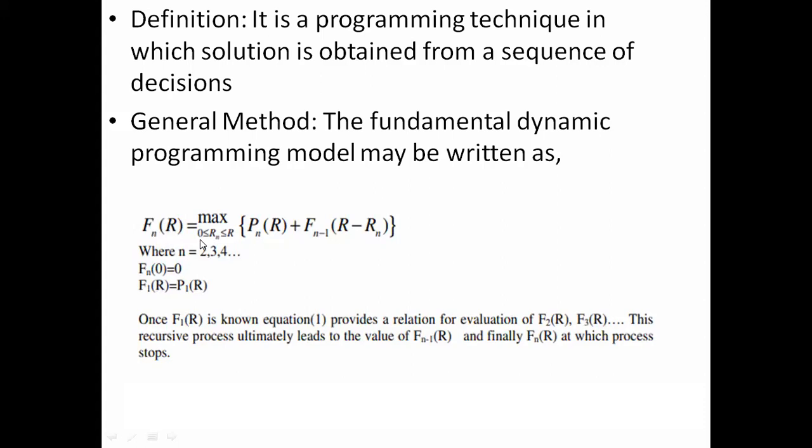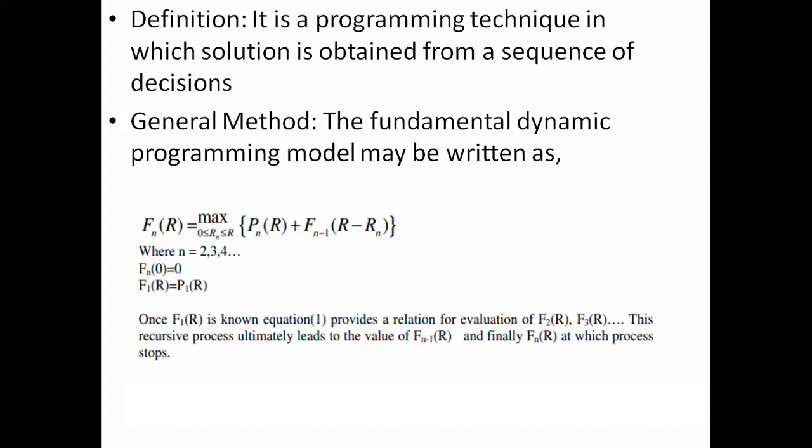F of R equals the maximum over 0 to R of Pn of R plus Fn minus 1 of R minus Rn. Here n is 2, 3, 4 up to n numbers. And F0 is 0, then the output is 0, and F1 of R equals P1 of R. That means this equation provides a relation for evaluation of F2, F3 up to Fn.